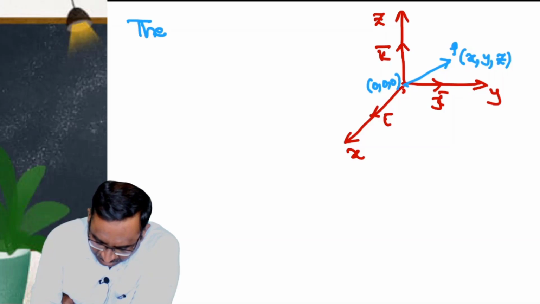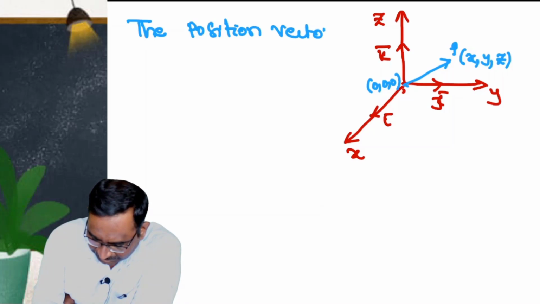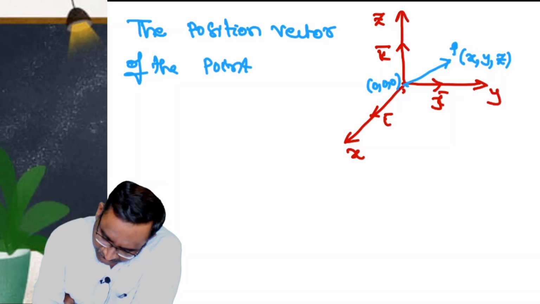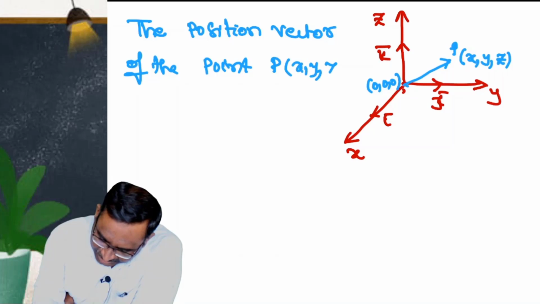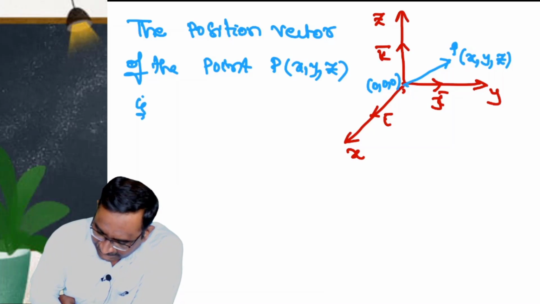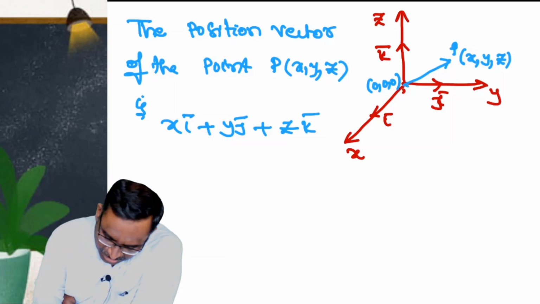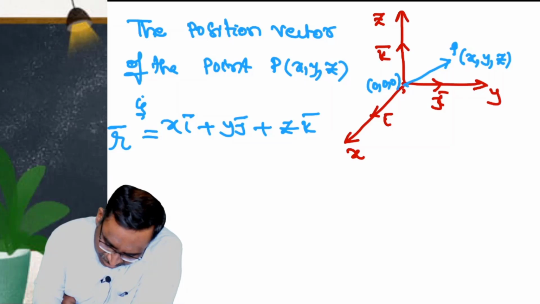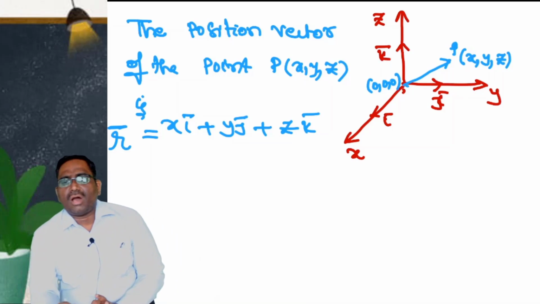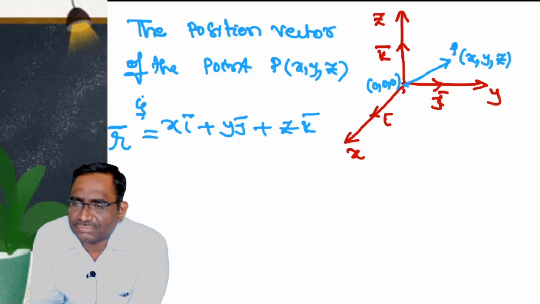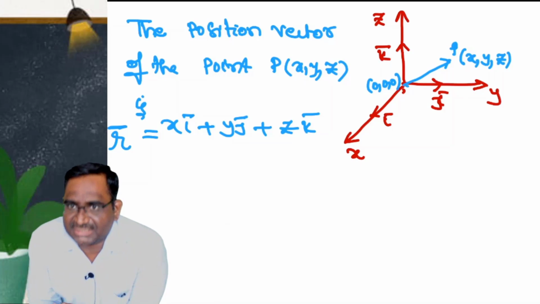The position vector of the point P (x, y, z) with reference to the origin is x i bar plus y j bar plus z k bar. The position vector is always denoted by the letter r. So r bar is equal to x i bar plus y j bar plus z k bar. This is the position vector of the point (x, y, z) in space.